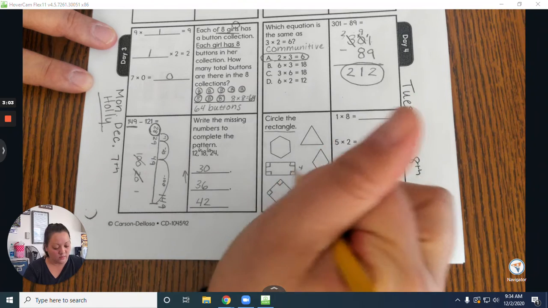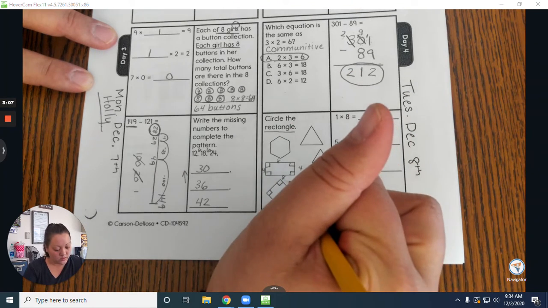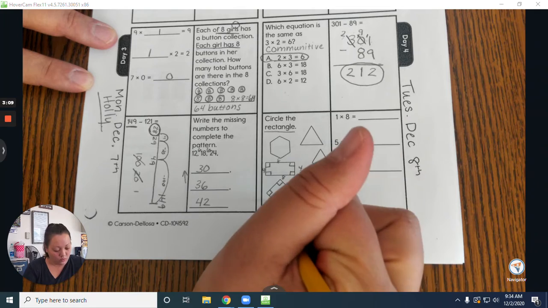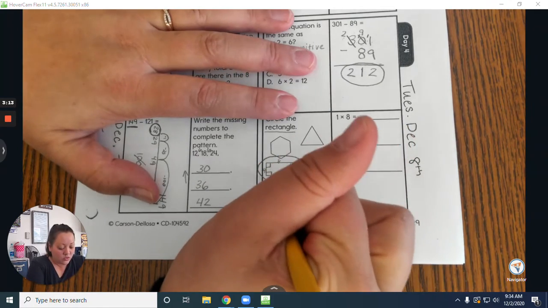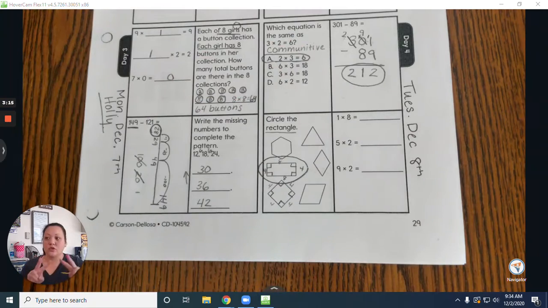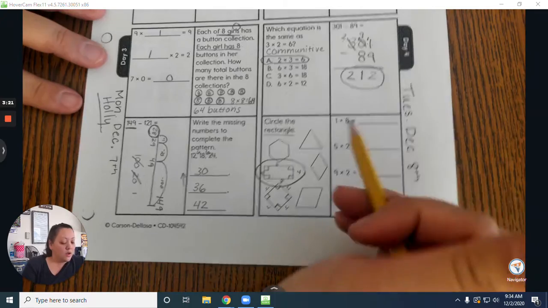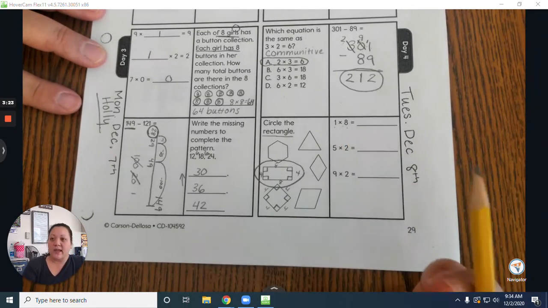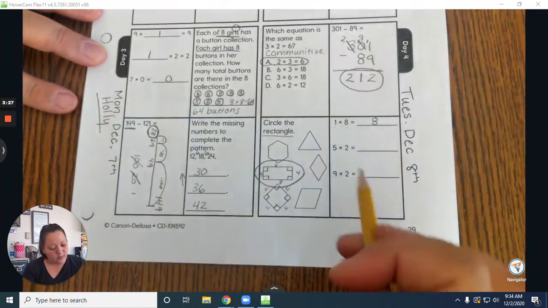Okay, so let's say that's a 4 and this is an 8 and this is an 8. Well, this one's all equal sides, like 4, 4, 4, 4. So a rectangle has 2 sides that match. One side is one length and the other side is the other length.